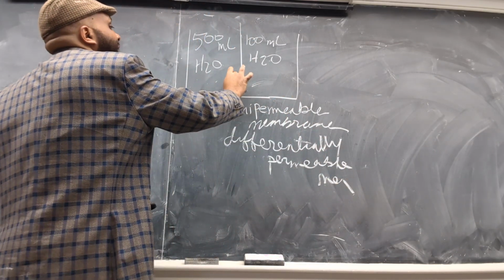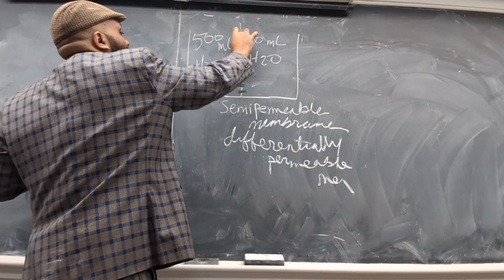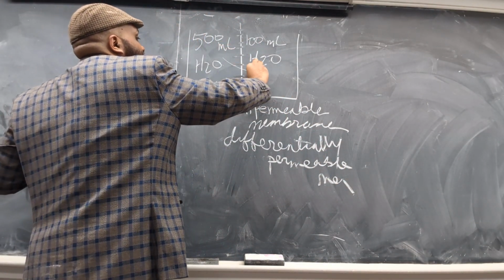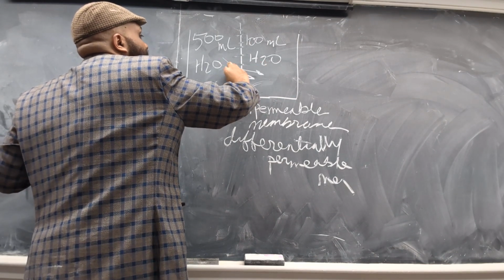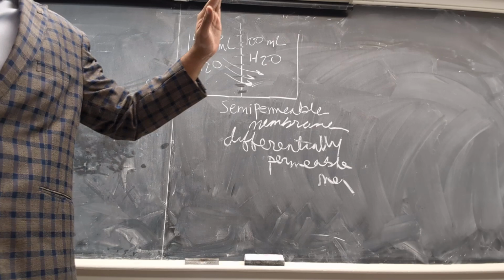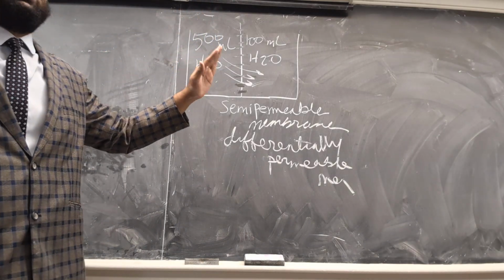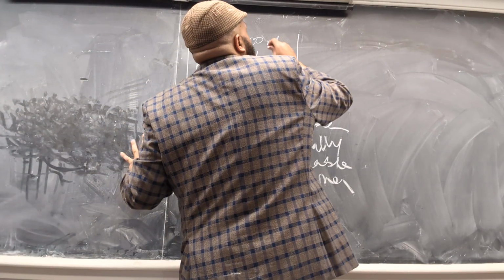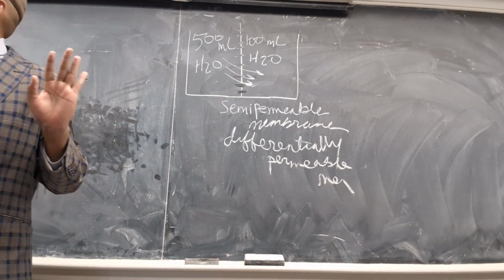It is going to allow for the movement of water from an area of a high concentration to an area of a low concentration, and the movement is not going to be forever, from 500 to 100 until you have 600 on one side, 0 on the other. That's not going to happen.